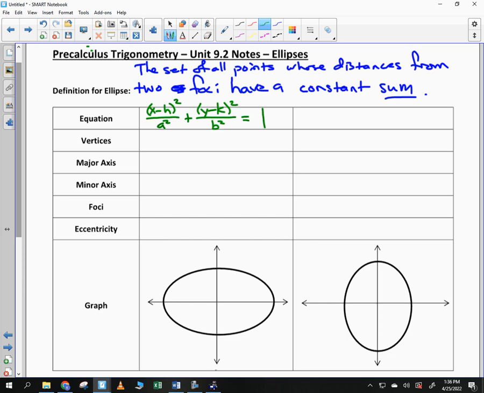And that's for an ellipse that is stretched horizontally. If it's stretched vertically, we say this. (x minus h) squared over b squared plus (y minus k) squared over a squared is equal to 1.